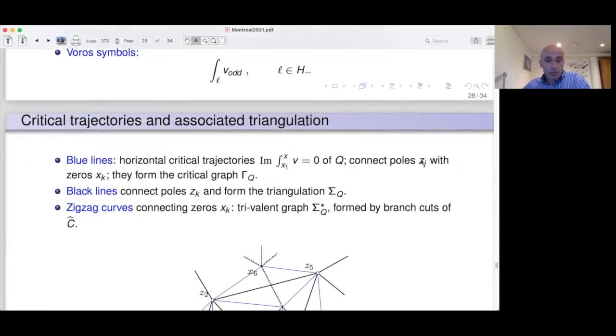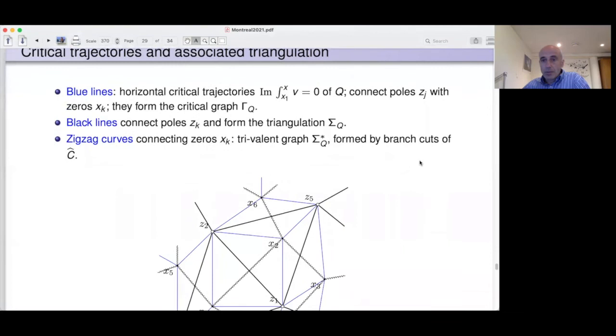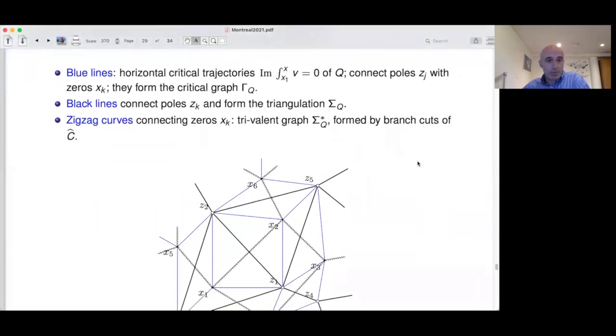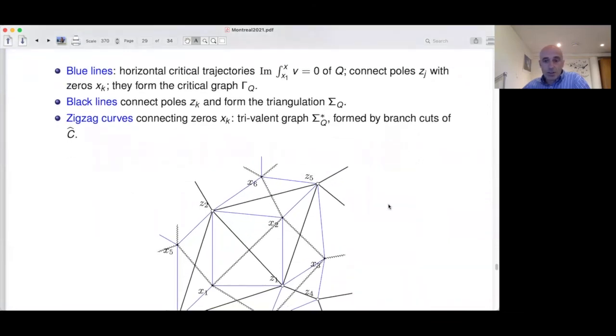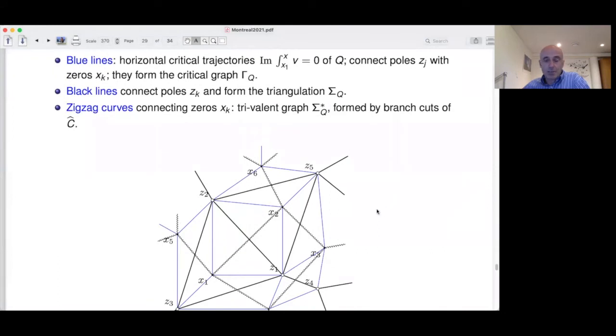And then, I'm going to describe it briefly here. This differential V defines the critical graph. The critical graph is the following. You take the Abelian integral of V and take the family of curves where the imaginary part of this is 0. And these curves typically connect poles of V with zeros of V. And this is this blue graph here.